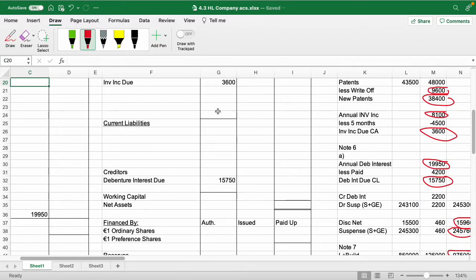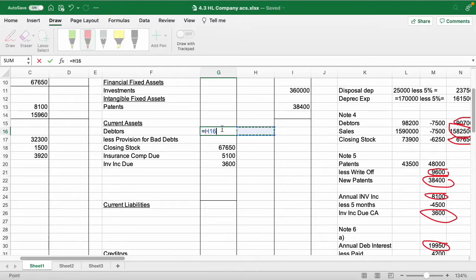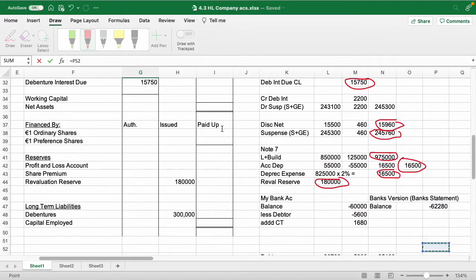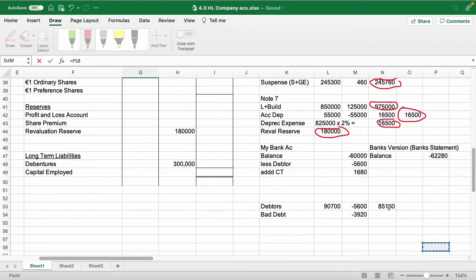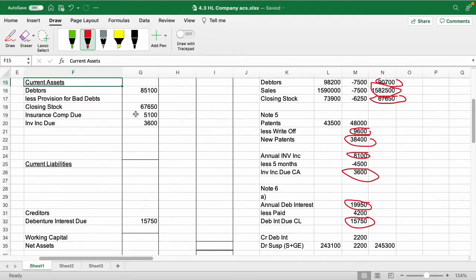Okay, I'll put my debtors figure in while I'm at it. So debtors is going to change. Okay, so that's that one.